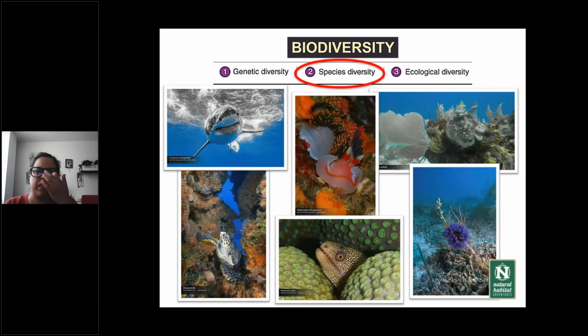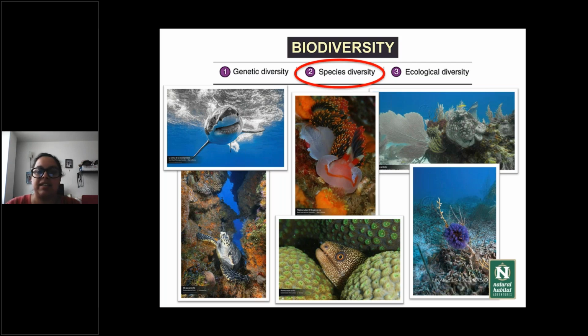Then when we talk about species diversity, we can focus, for example, on one given ecosystem. In this case, I have the example of the Mexican seas, the ocean around Mexico. So for example, in the Caribbean, we have a diversity of corals, of mollusks, fish, of course. And then on the Pacific, we also have a diversity of reptiles or, in this case, sharks, for example.